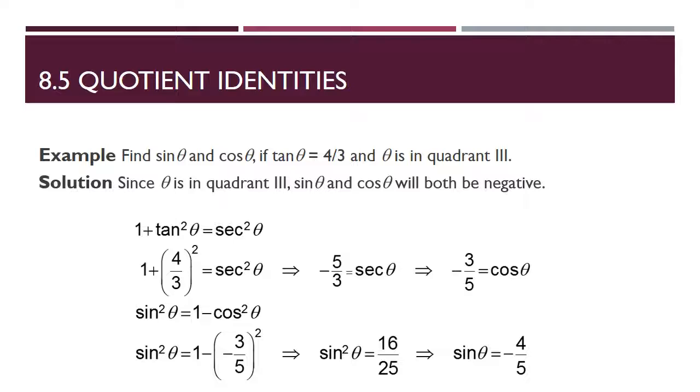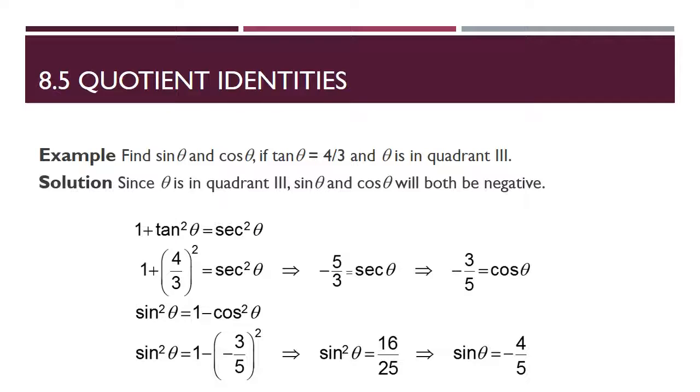Again, it said it's in quadrant 3. So when we simplify 1 plus 4/3 squared, 1 plus 16/9, and we take the square root, we're going to go with the negative square root because this is in quadrant 3 where cosine and secant will both be negative. So the secant is going to be negative 5/3, which means the cosine is going to be negative 3/5.